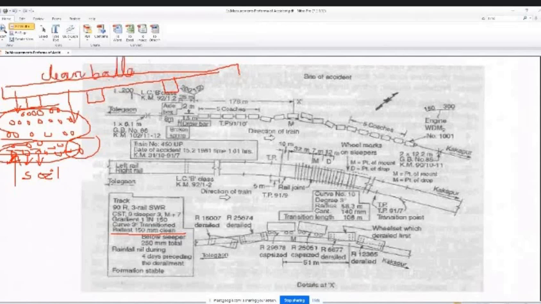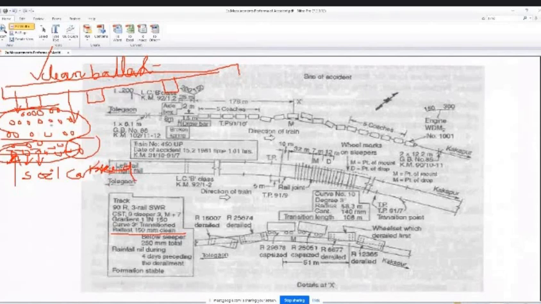Clean ballast means the ballast which is easily separable. One stone separately, if you are able to separate, that is called clean ballast. Clean ballast is good for the track. Caked ballast means it is almost forming into a strong mass. That is why caked ballast is dangerous. Caked ballast is not permitted.